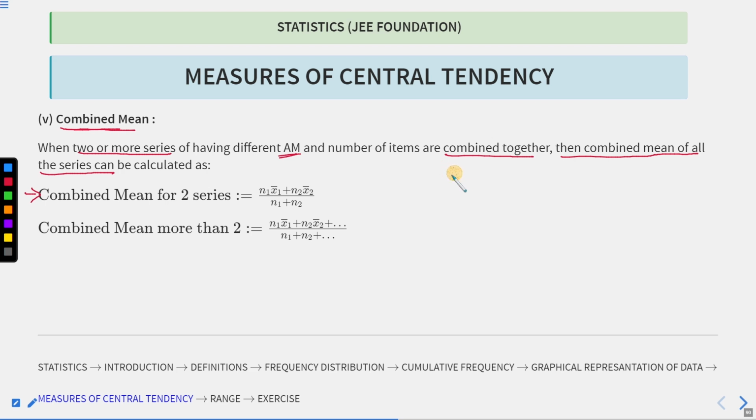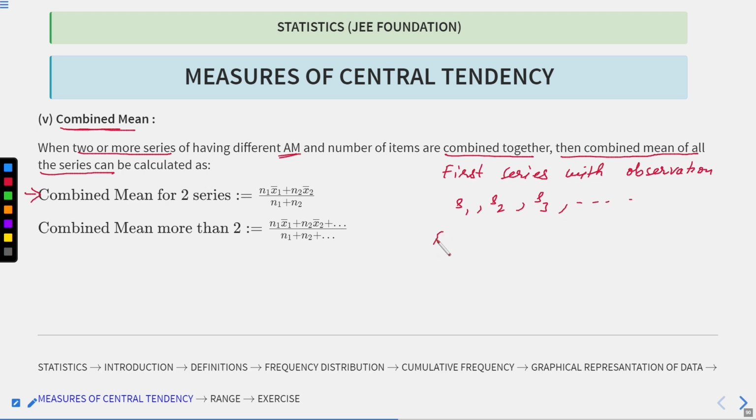The first series with observations equal to S1, S2, S3, and so on till Sn.